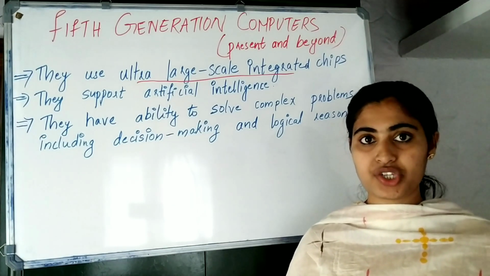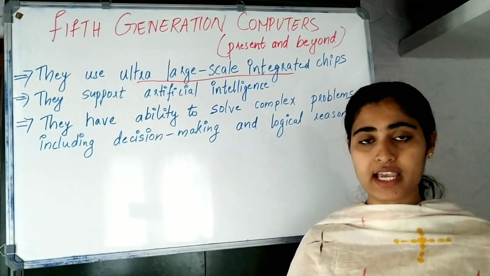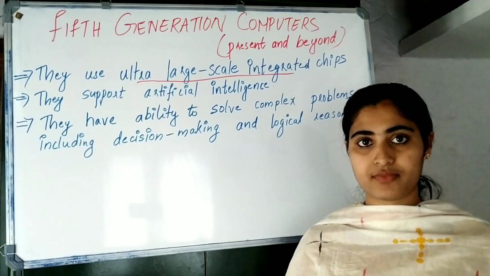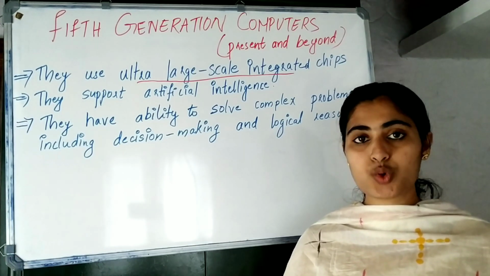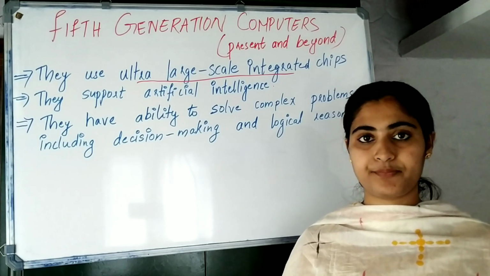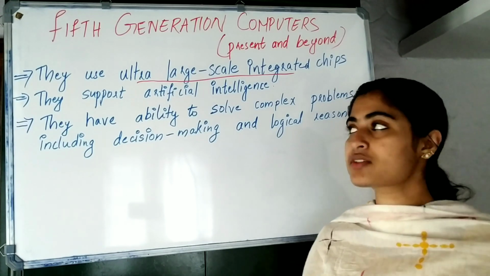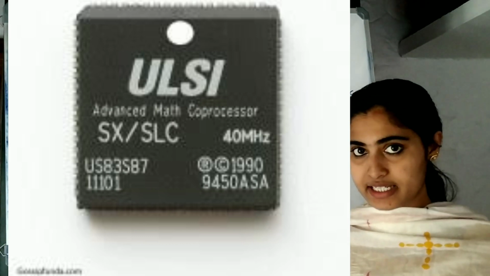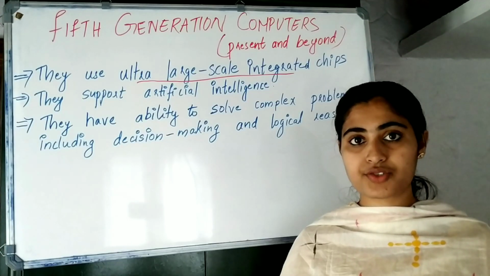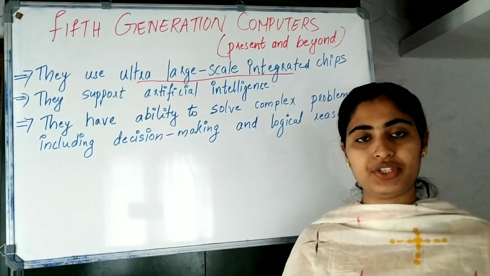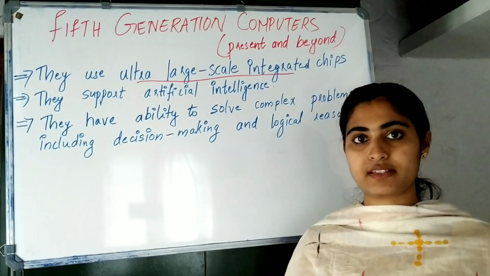In fourth generation, we used very large scale integrated chips, and inside that, a microprocessor consists of thousands of ICs. Here we use ultra large scale integrated chips, and here a microprocessor consists of 10 million integrated chips or ICs. See the difference.